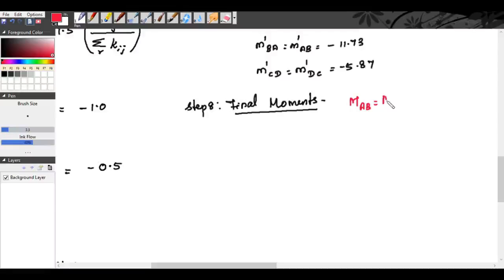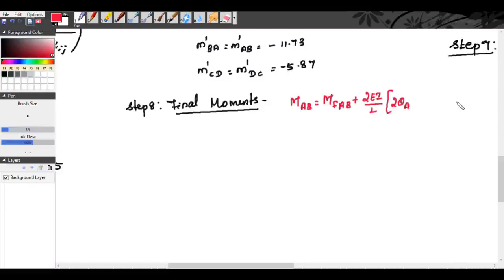The slope deflection equation is MAB equal to MFAB plus 2EI by L into 2 theta A plus theta B minus 3 delta by L. Here this is AB, this is BA and this is delta AB. So this can be written as MFAB plus 2 times MAB plus MBA minus M dash of AB. This is the meaning of that.